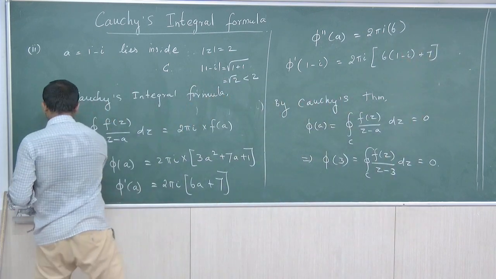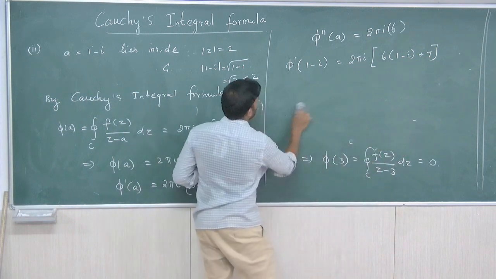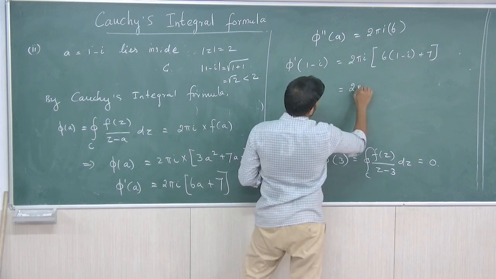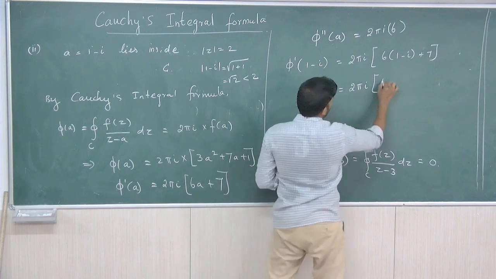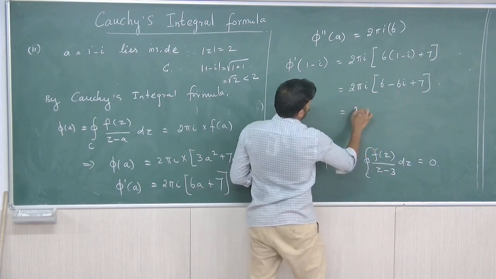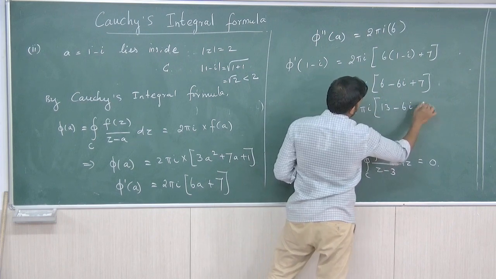which is equal to 2 pi I into 6 minus 6I plus 7, 2 pi I into 13 minus 6I.